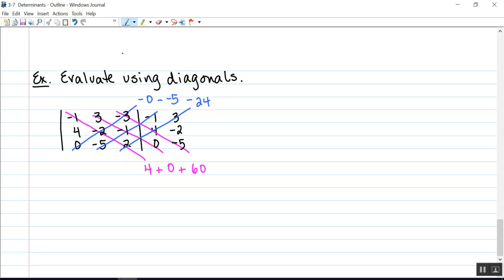So my final answer is going to be 4 plus 0 plus 60, and then subtract the ones on top, -0 minus a -5 minus 24. I'll go ahead and make that a plus. And that is going to give me a final answer of 45 for the value of that third order determinant.